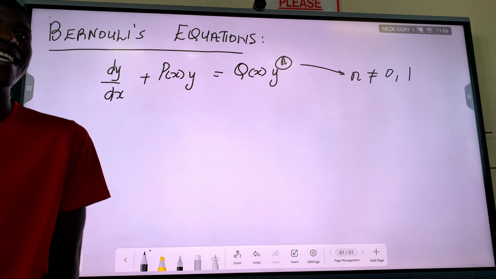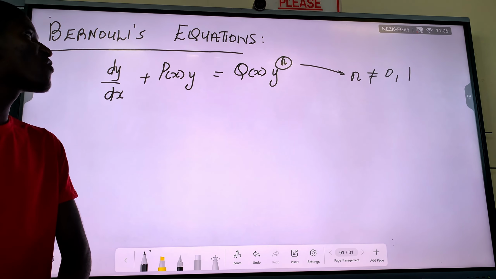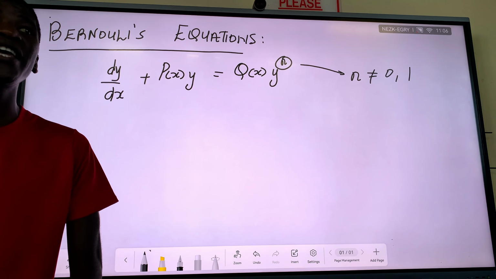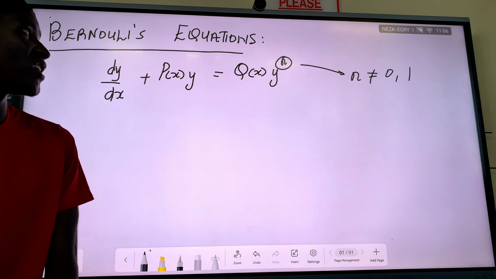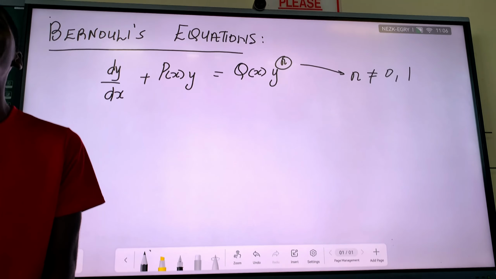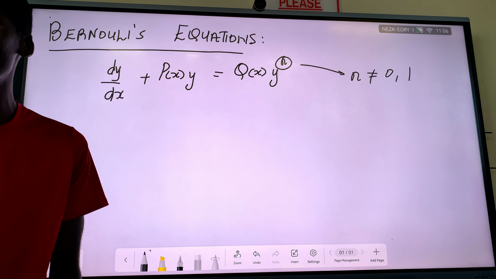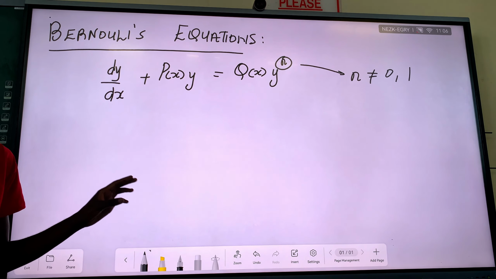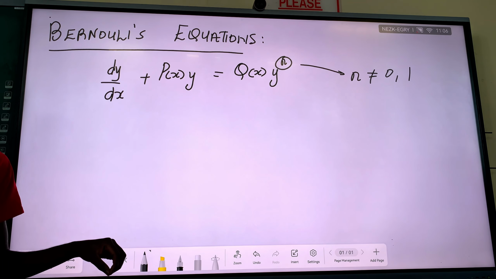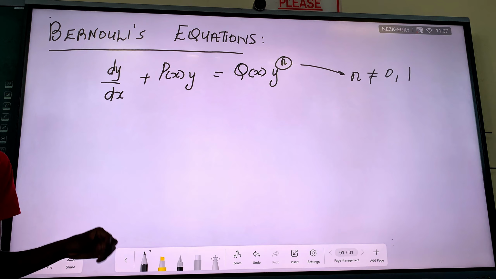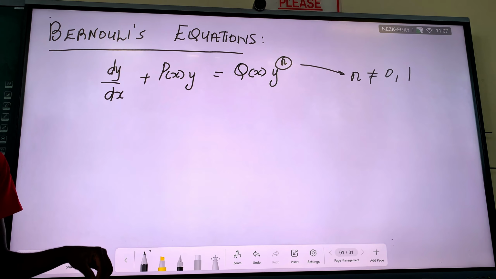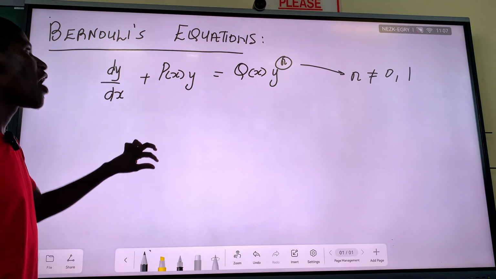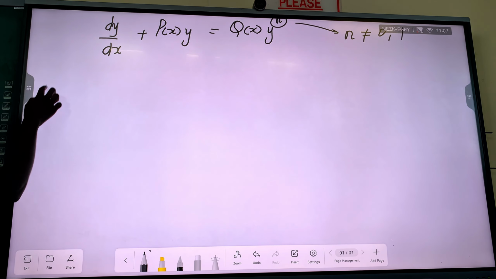So how do we solve it? For a non-linear equation like this Bernoulli equation, we need to do a solution by substitution, whereby we change the differential equation. We are going to change it in such a way that we make it linear by force. So how do you make it linear? That's the question. We'll do that using an example.